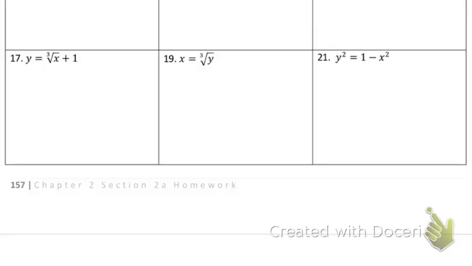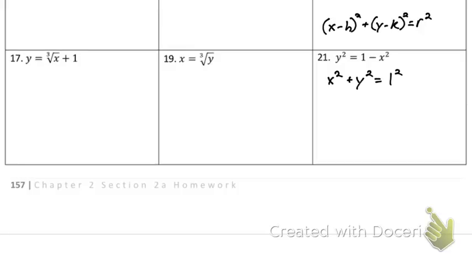And remember the circle formula. The circle formula is x minus h squared plus y minus k squared equals r squared. Now, I'm not going to give you super complicated ones. I'm going to give you ones that look like this. Because if I readjust that y squared equals 1 minus x squared to look more like the one up there, I would just have x squared plus y squared equals, well, that'd be like 1 squared.